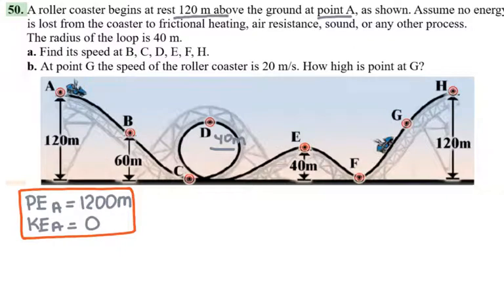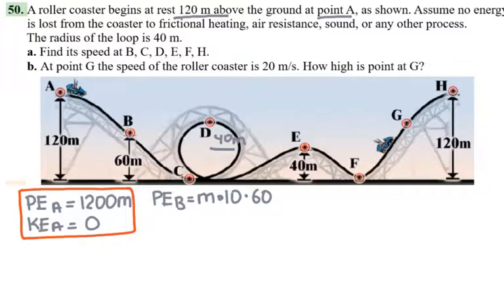So at B, the potential energy at B is equal to M, not given, g, and h is 60.